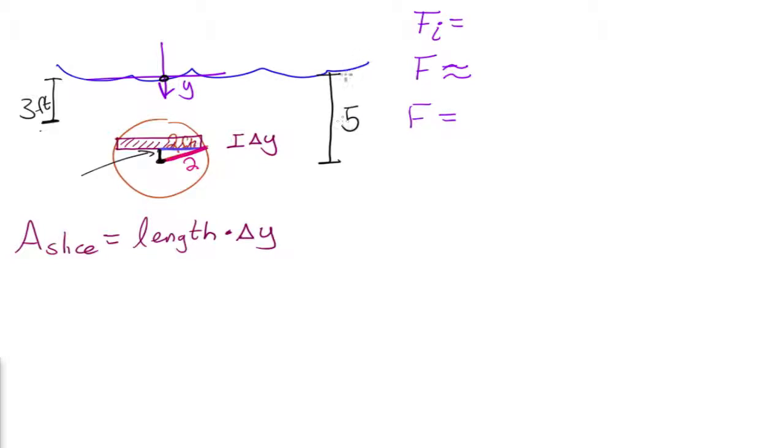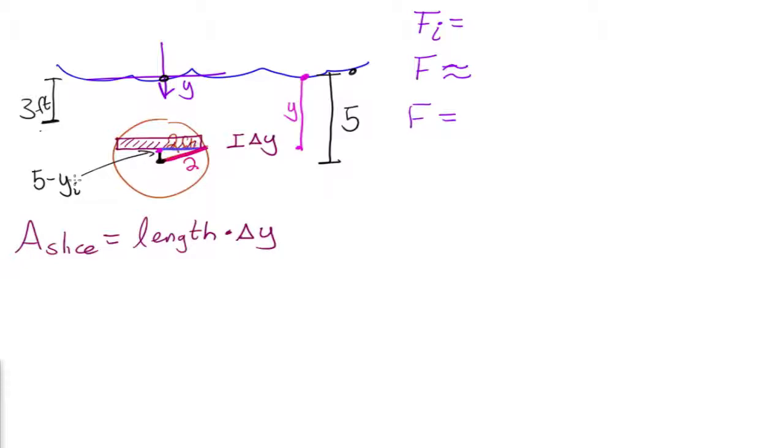And the distance from the water to the point where the slice is, what is that? The purple is just y, right? That's the y value where the slice is located. So that little piece right there is 5 minus y, right?